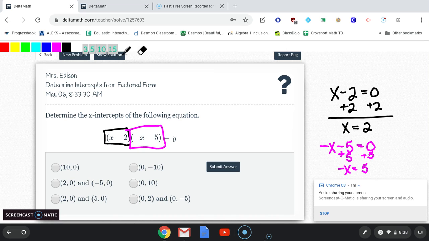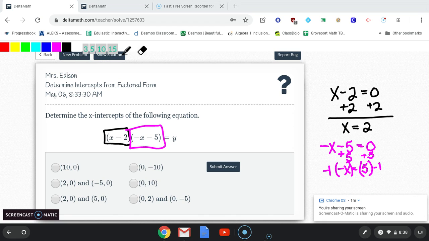My question is, I don't want a negative x, so I can either multiply or divide by a negative 1. And I end up getting x equals negative 5. So these points are actually, so this is the x. So we look at our coordinates, it's x, y.